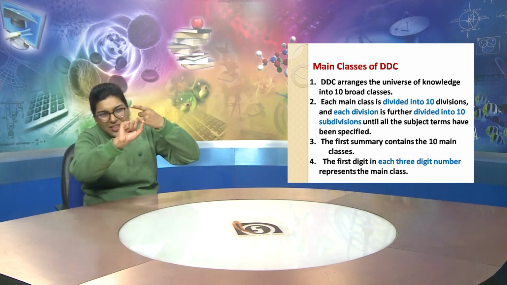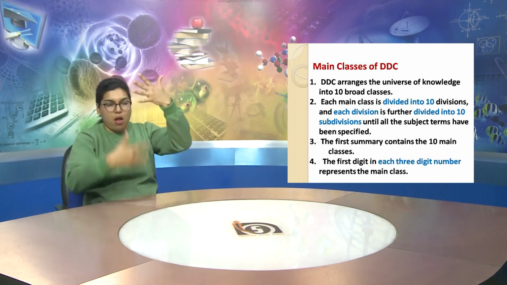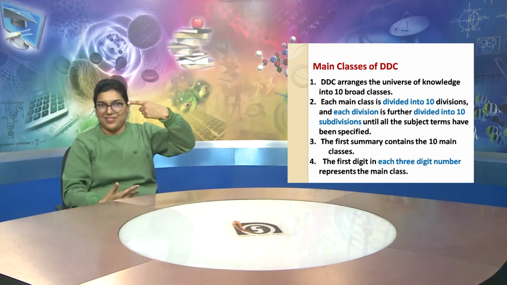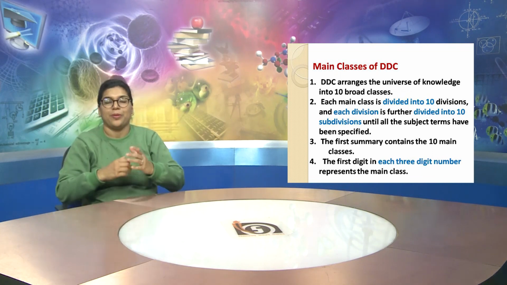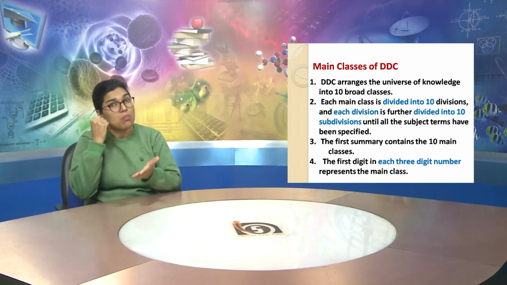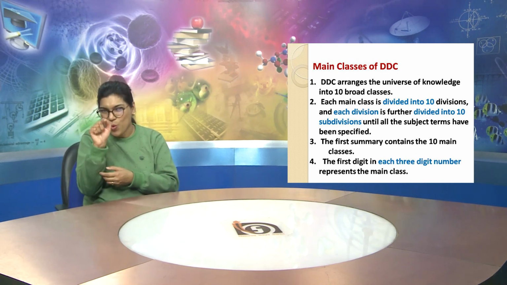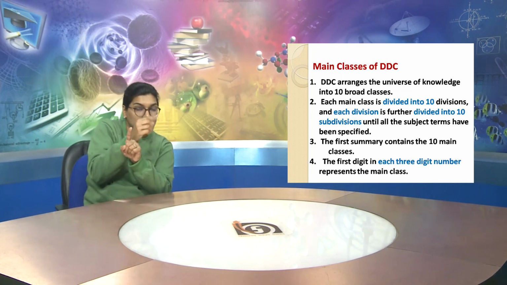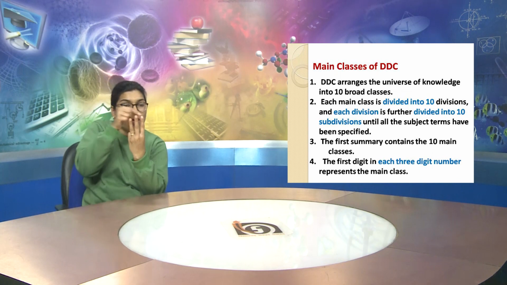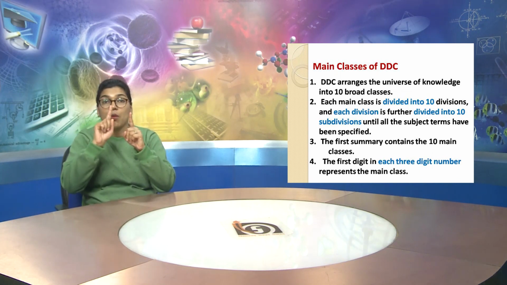Point 3 explains that the first summary contains the 10 main classes. The fourth point explains that the first digit in each 3-digit number represents the main class.